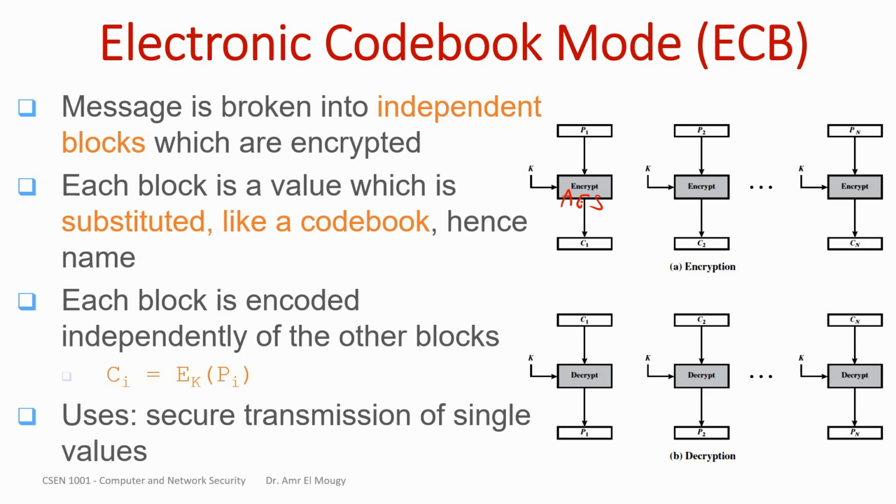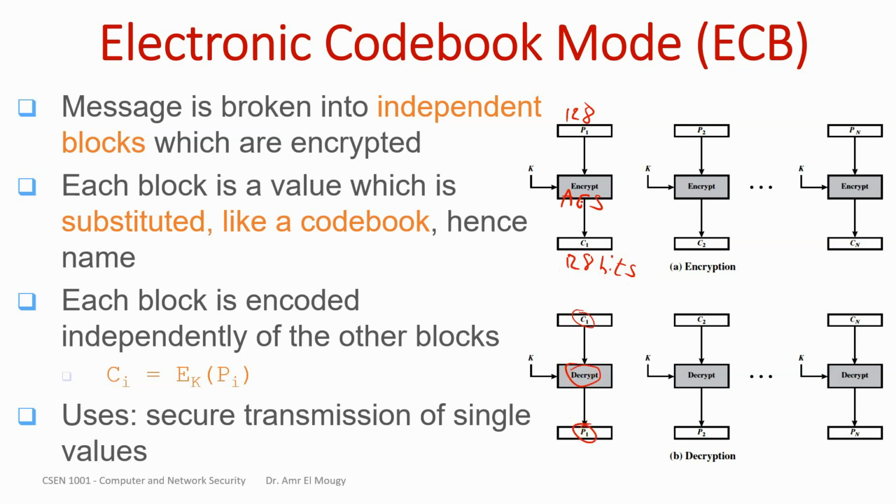You take the block of plain text P1, which is 128 bits, and you pass it to the encryption algorithm together with the key, whatever the size of the key is, it doesn't make a difference. And out comes C1, which is also 128 bits. If you want to decrypt, you pass C1 to the decryption algorithm of AES, out comes P1 again.